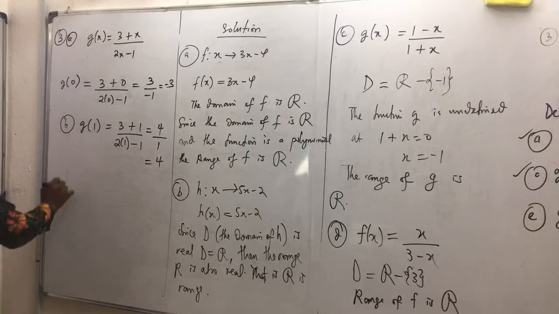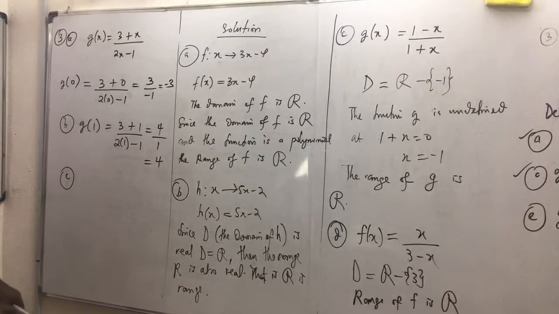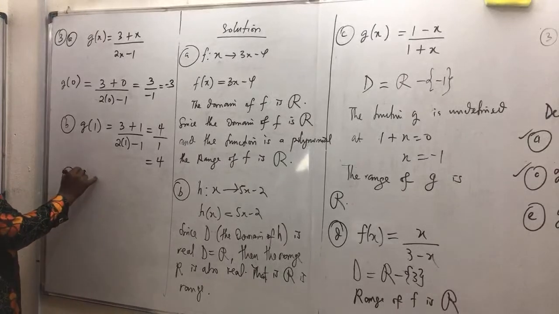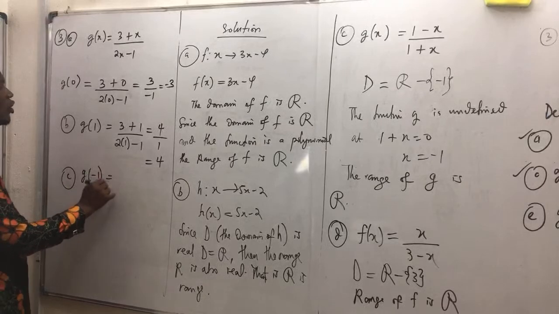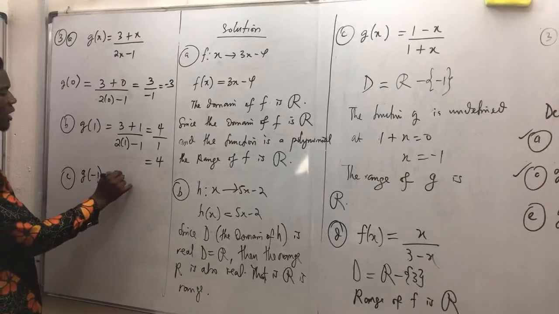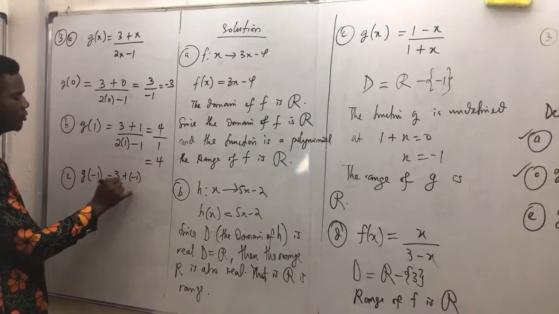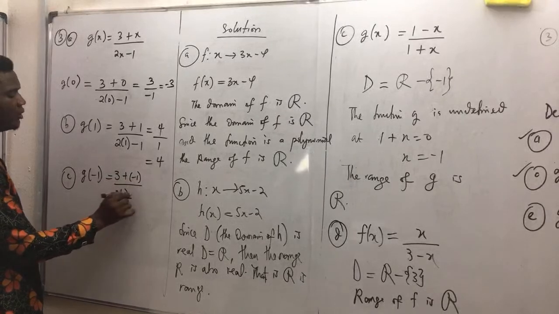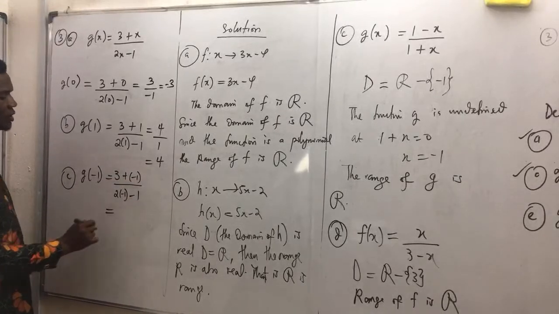Then finally, for C, we were asked to find g(-1). So g(-1) means putting minus 1 in place of x. This will be (3 + (-1)) / (2 times -1 - 1).